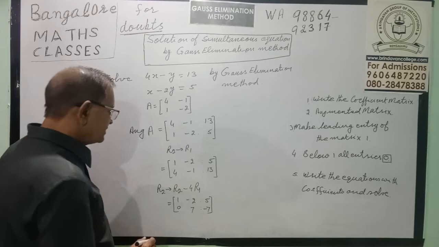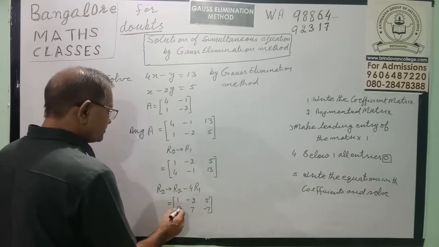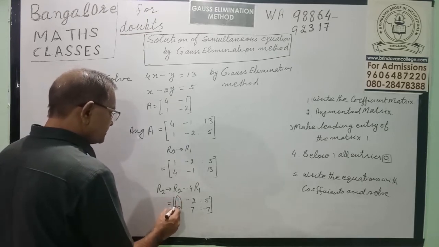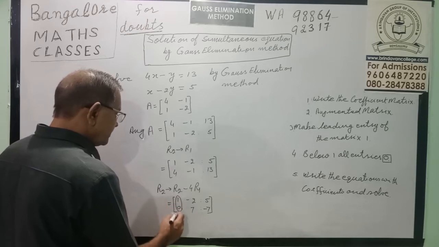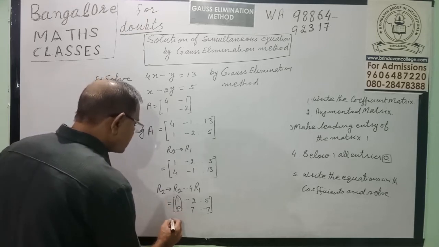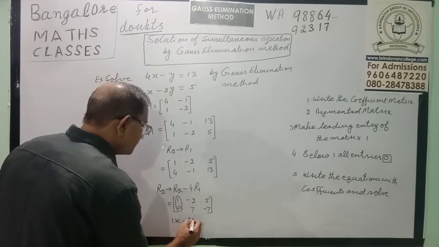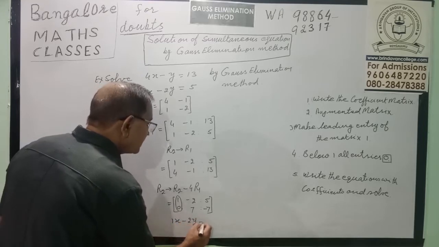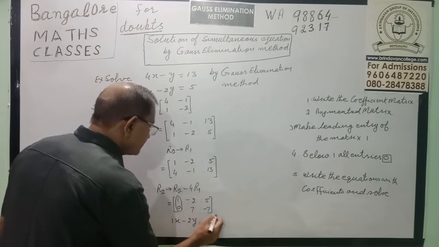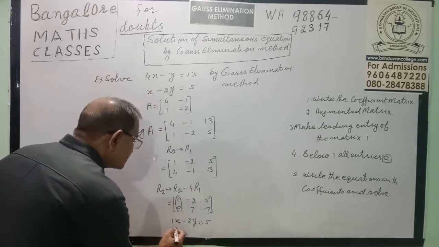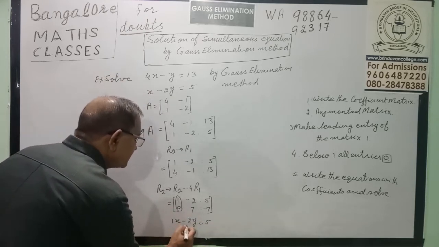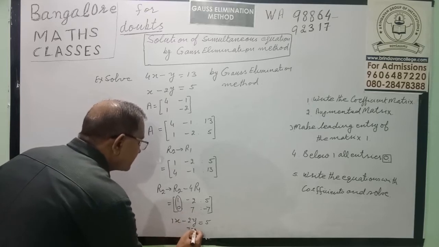Now come to the coefficients. This column is for x coefficients. First column. It means 1 into x minus 2 into y equals 5. 0x means no x. 7y.